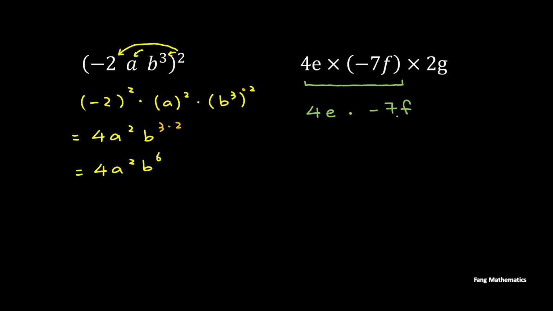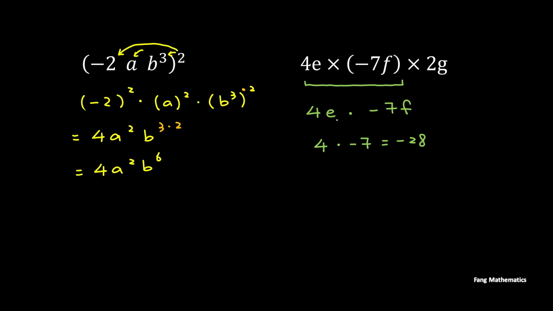So we are to break this apart. So first you have the numbers 4 and minus 7. They are being multiplied. So 4 times minus 7. I believe that should give you minus 28.